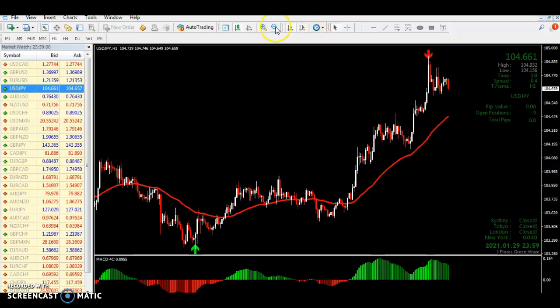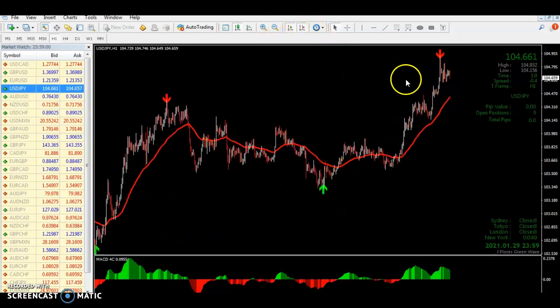But in the meantime, put yourself a trend line right there, and you can sell it for a few pips, but don't forget this is probably going to keep moving up.